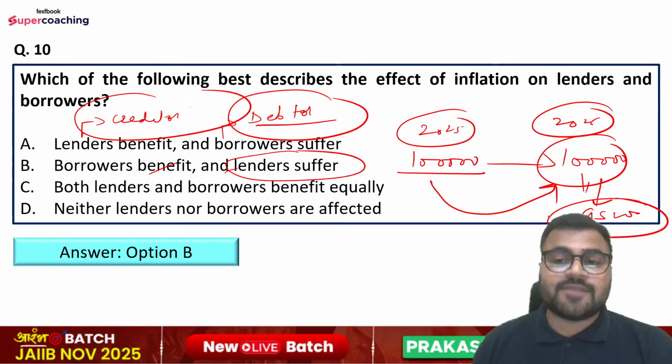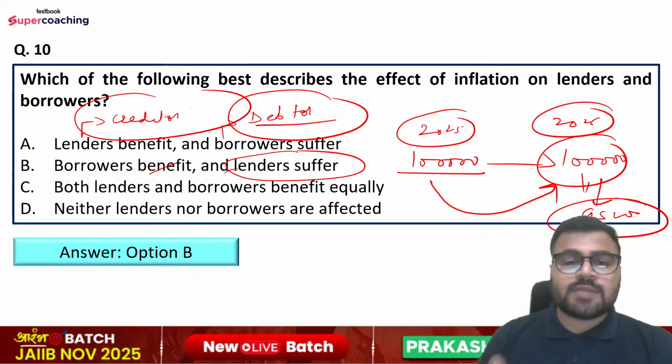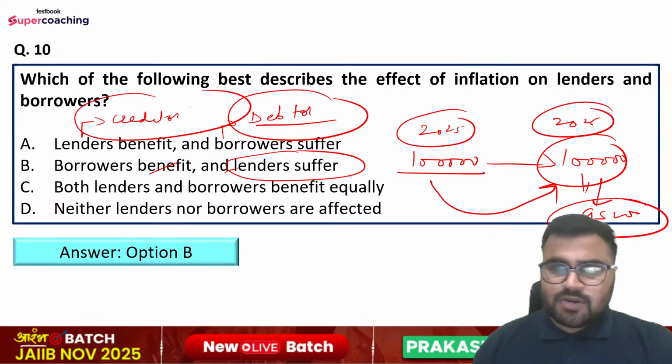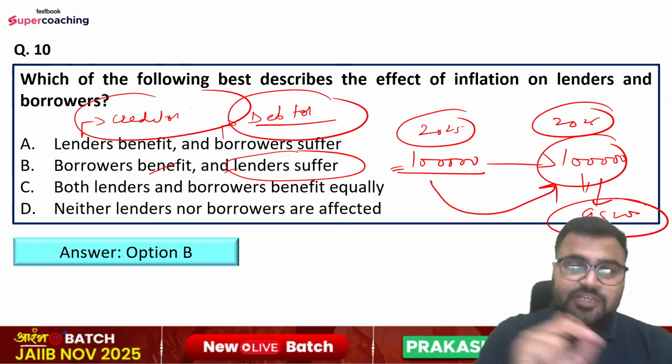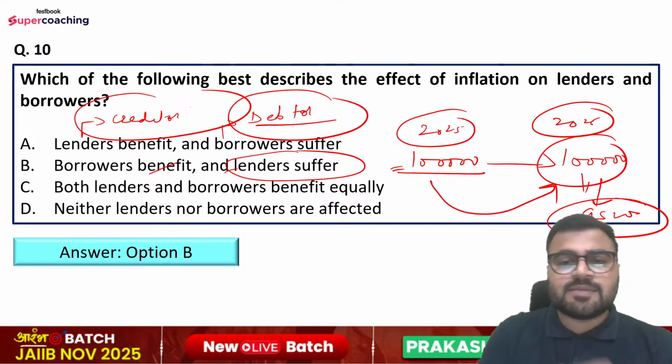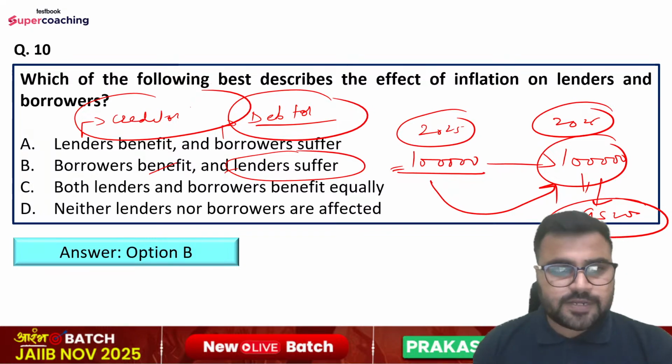I'm talking about the real value, not the nominal value. I'm talking about the real value. Real value in 2026 might be around 95,000 if I consider the inflation, which means you are benefiting because ultimately in 2025 you got money worth 1 lakh rupees in real terms, but now you are repaying a real value of 95,000 rupees. Got it?